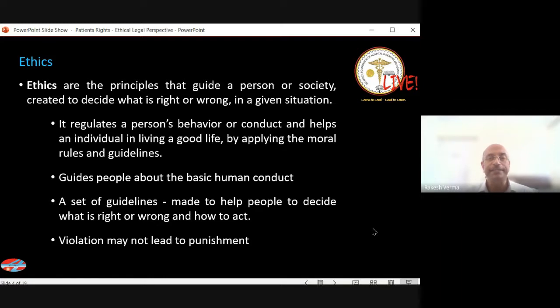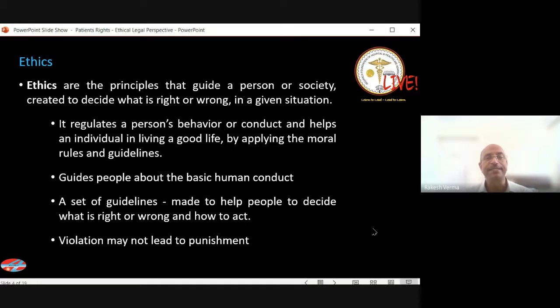So the ethical principles of conduct of professional groups, for example the doctors or the lawyers or similar professionals, the chartered accountants and the engineers, are decided by the respective professional communities or societies. And they are also coded in terms of rules for professional conduct. So this is what ethics are.